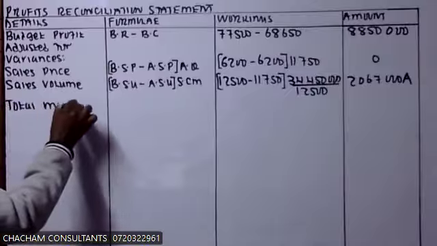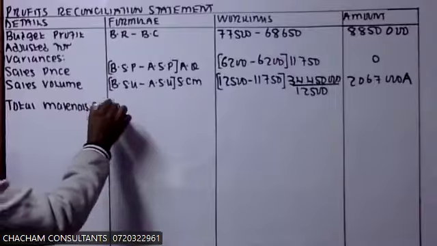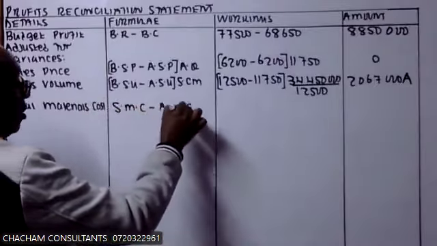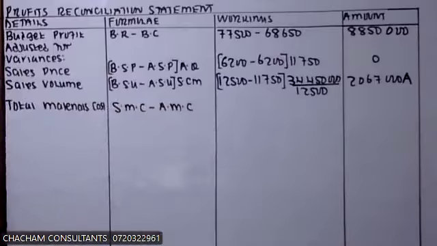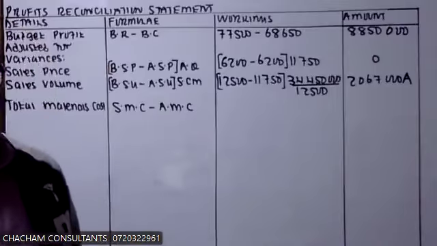Total materials cost. This one is given as standard material cost minus actual material cost.